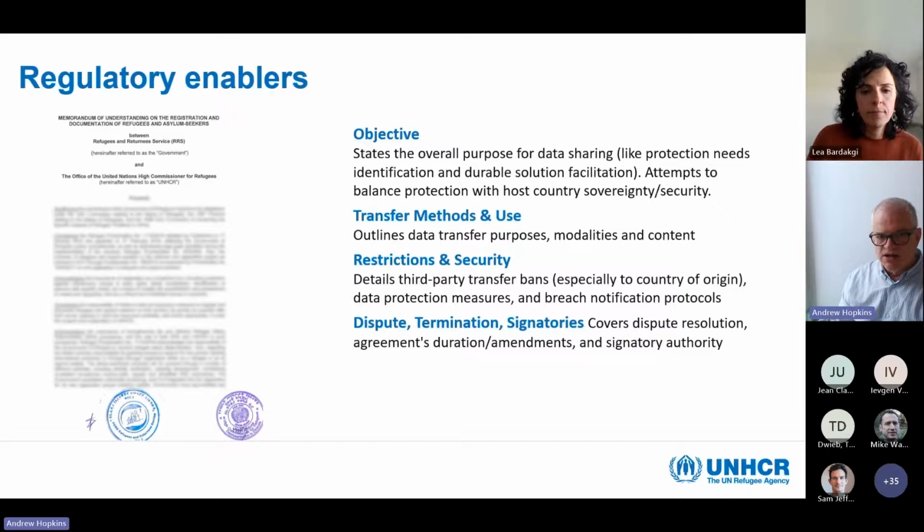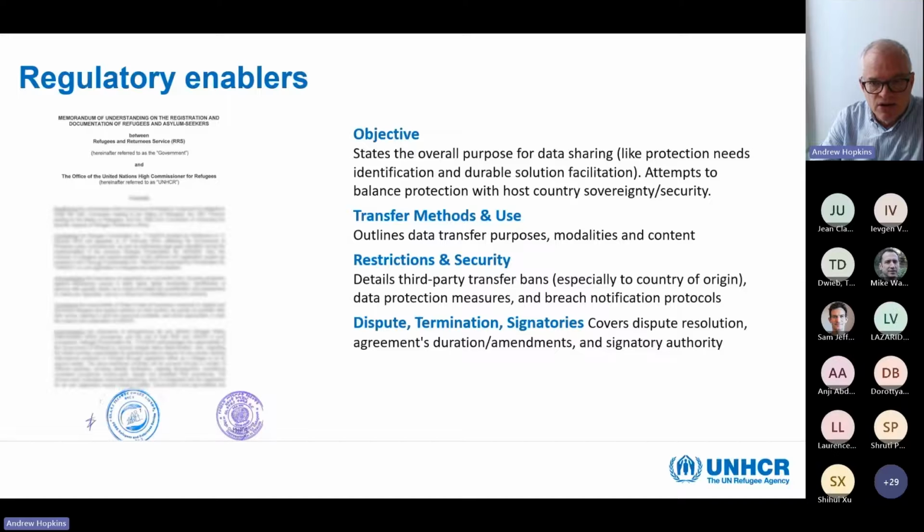We want to build our data sharing in a way that at once provides the protection that refugees need, the solutions that they need, but is balanced against the data protection necessary to make sure that people don't get into trouble. So these data sharing agreements are numerous in UNHCR. We've got hundreds of them covering the globe, and the many partners that we work with.